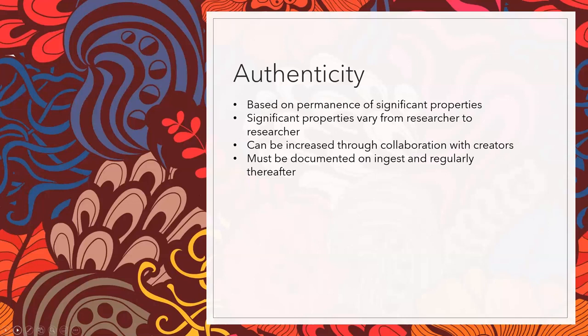So archives can get a picture of what the bits and bytes of a record look like, and then that can give archives something to compare with as time progresses and as the record potentially may change, whether it's because of some preservation action or just natural decay.